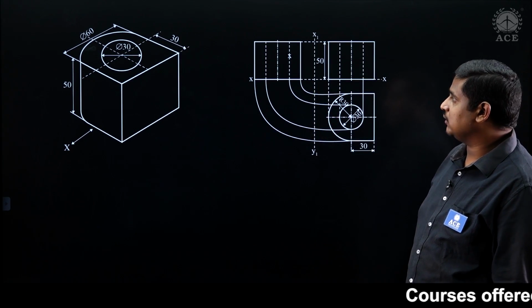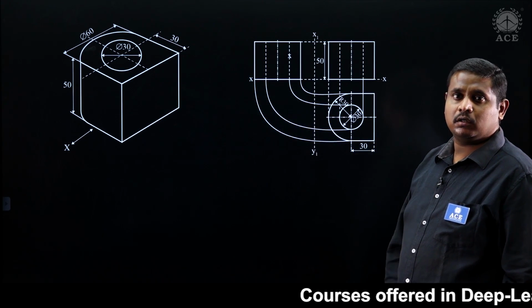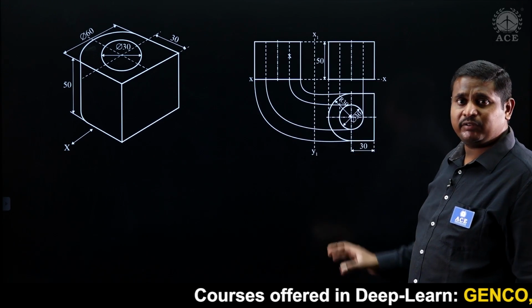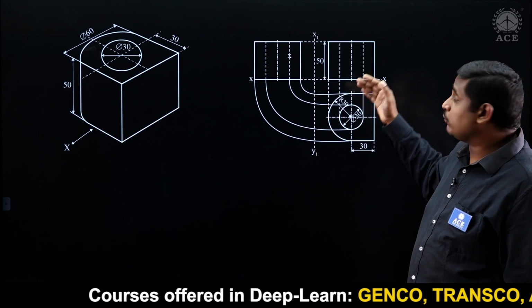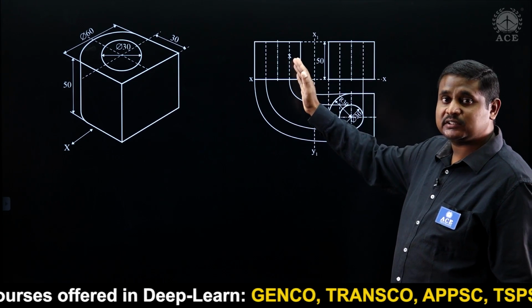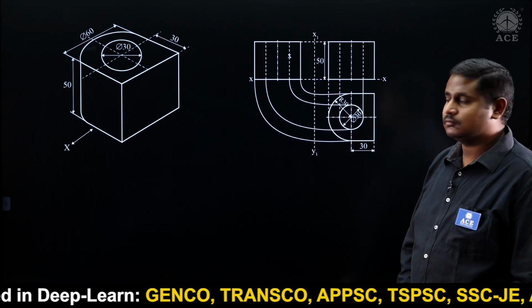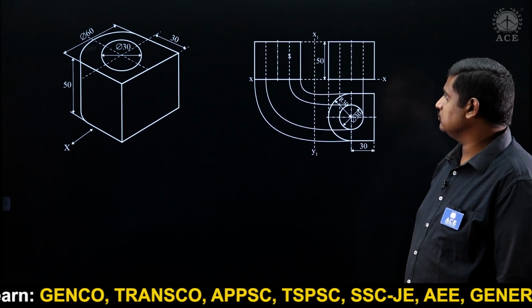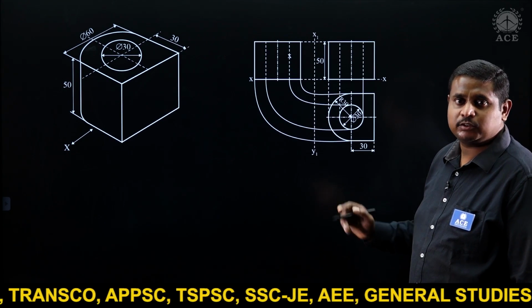Observe it very closely, my dears. This is my isometric drawing and this is my orthographic drawing, which is nothing but the representation of the front view, top view and relevant side view. Friends, let us move on to the next question.